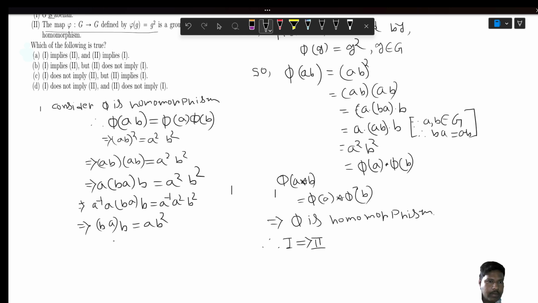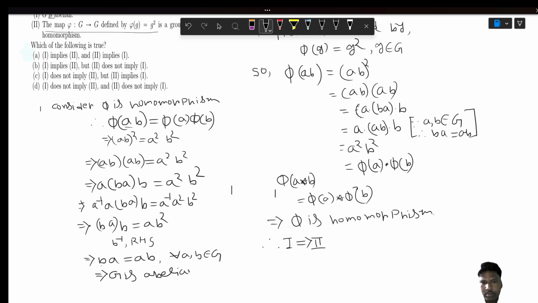Similarly, composing b inverse on the right hand side of both sides, we will get ba equals to ab for all a, b belongs to G. And we take a, b as arbitrary. So for any arbitrary a, b, we get ba equals to ab, which implies G is abelian.